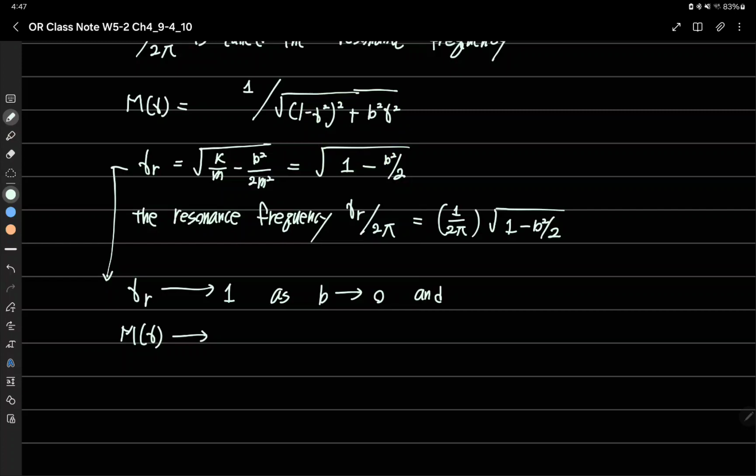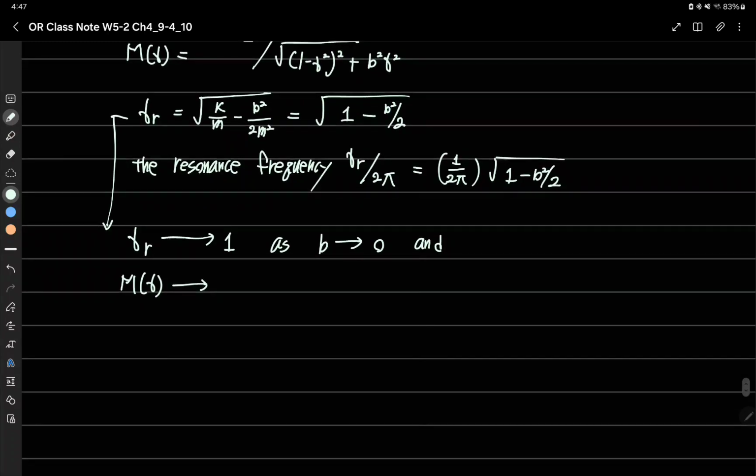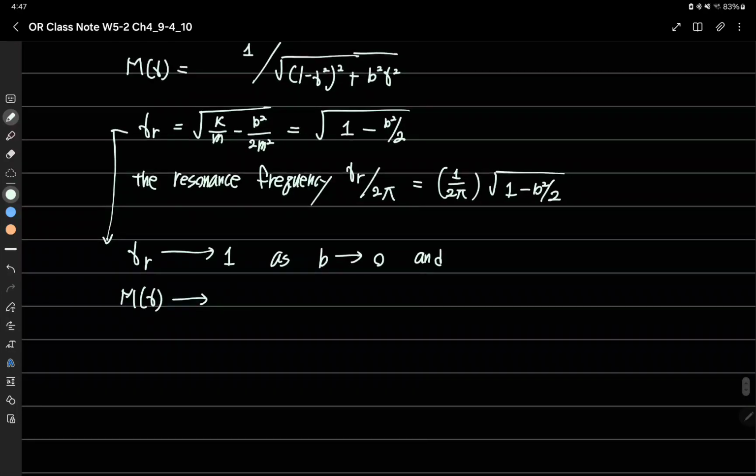Okay, so now you can say this one approaches 1 over 1 minus gamma squared, as b approaches 0, right? And then we know, as I told you, the maximum value will be just infinity, because b approaches 0, the gamma r approaches 0.